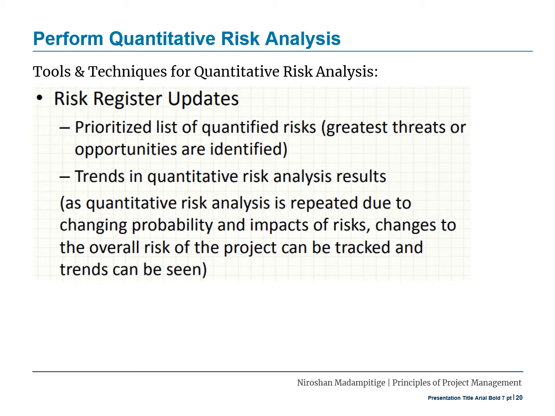Prioritized list of quantified risks. Greatest threats or opportunities are identified. Trends in quantitative risk analysis results. As quantitative risk analysis is repeated due to changing probability and impacts of risks, changes to the overall risk of the project can be tracked and trends can be seen.